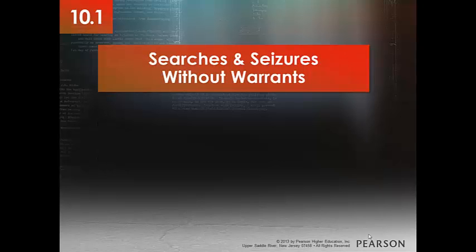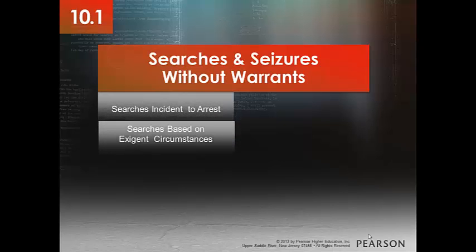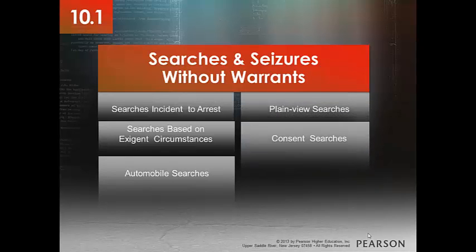Searches and seizures without warrants are far more common than those with warrants. Examples of those are searches incident to arrest, searches based on exigent circumstances, automobile searches, plain view searches, and consent searches.